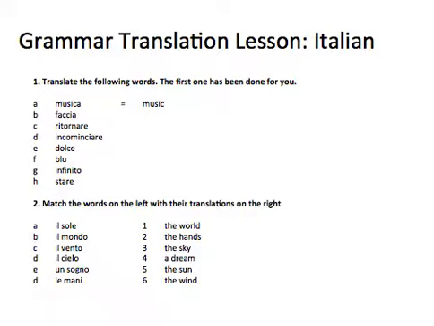And then two more work on vocabulary, a matching exercise with some words which are not cognates, but which you can probably have some knowledge of. So il sole, the sun; il mondo, the world; il vento, the wind; il cielo, the sky; un sogno, a dream; and le mani, hands.